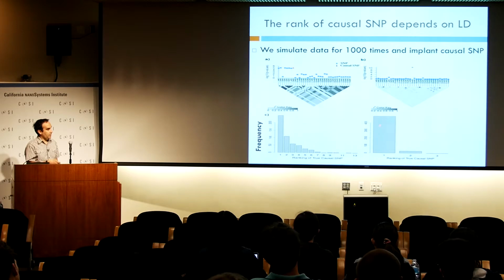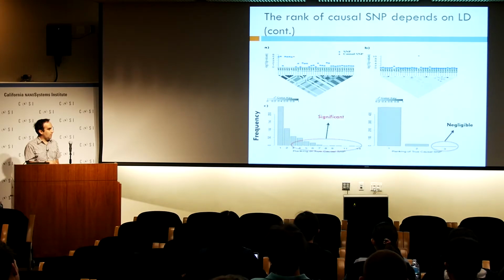If there's not a lot of LD, the causal variant is ranked as the top SNP most of the time. But if there is a lot of LD, there are many times when the top SNP is not the causal SNP, just by chance. So here there's almost nothing, and here there's many. If there's LD correlation, sometimes the top SNP just is not the causal variant, by chance.